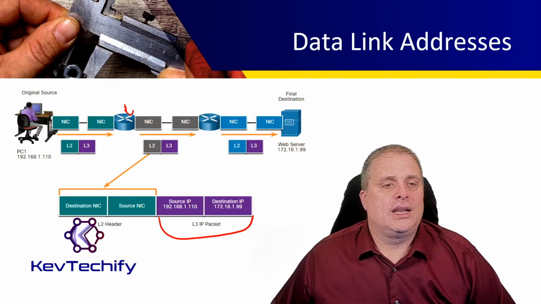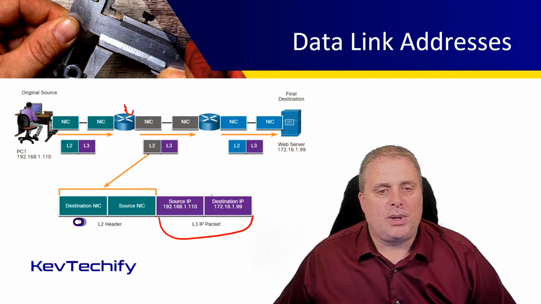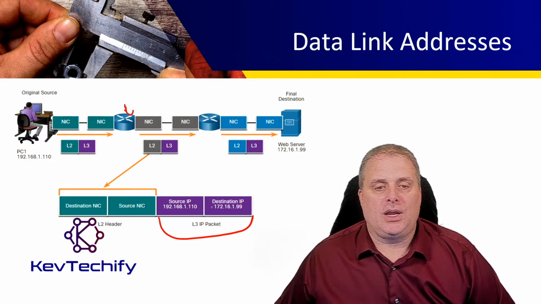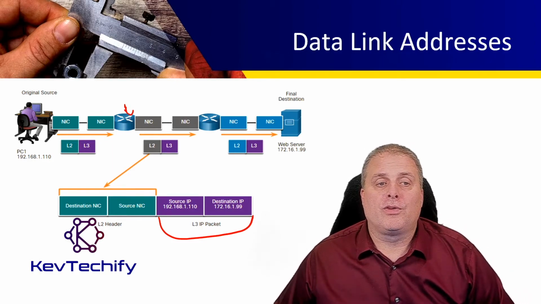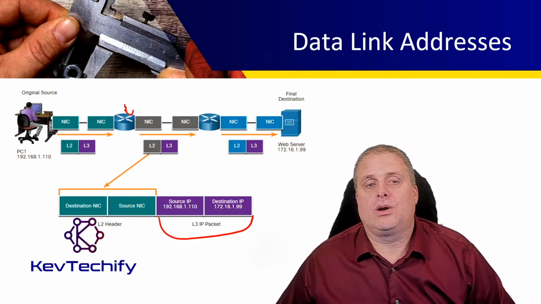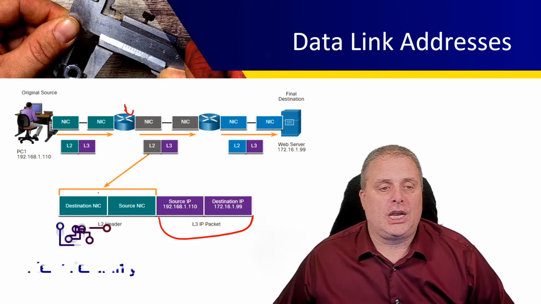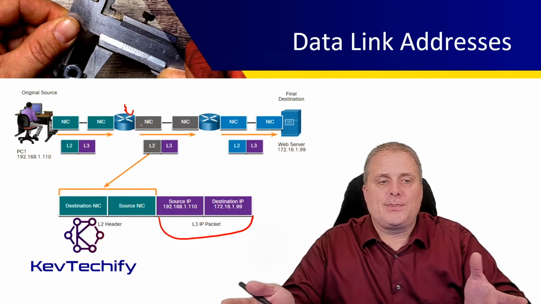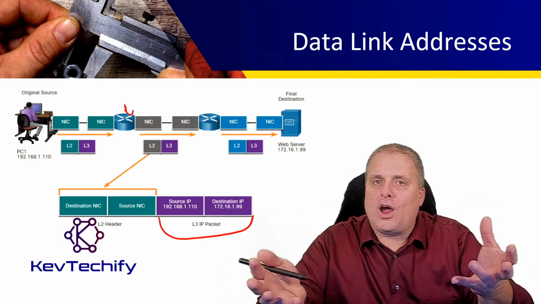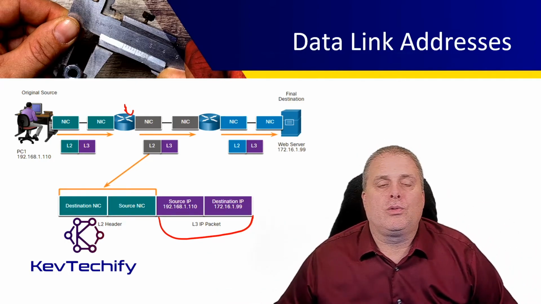And so to get information from this router to this router, our source IP, our destination IP, our layer 3 IP addresses, that hasn't changed, but now we need to move it from this network interface card on this router to the next network interface card on this router. We now have to change our source and destination. We have to go and rewrite that. So we de-encapsulate it, we take that layer 2 header off, and now we put a new one on at that point in time. We don't change layer 3 at all.